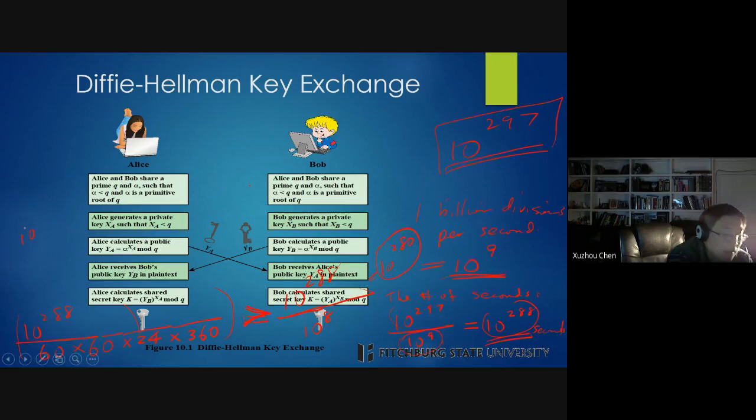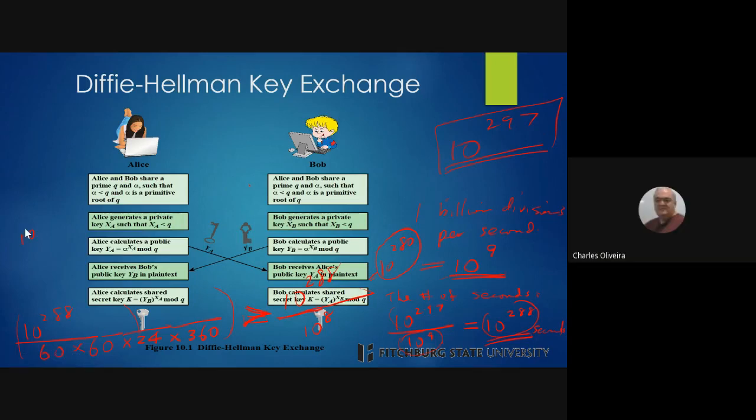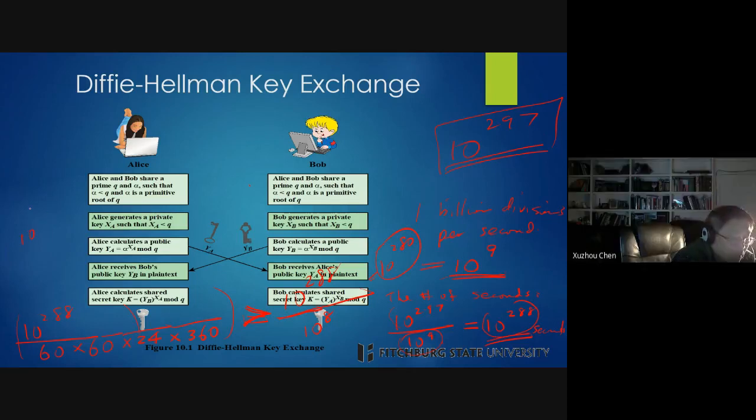What is this? 1 billion is 10 to the 9, and 140 billion is 1.4 times 10 to the 11.